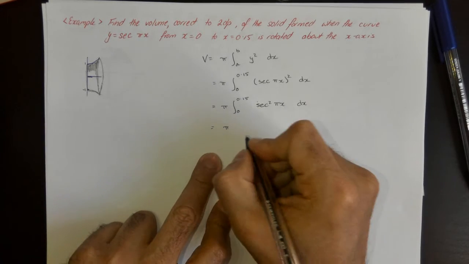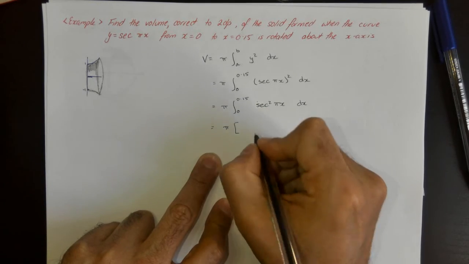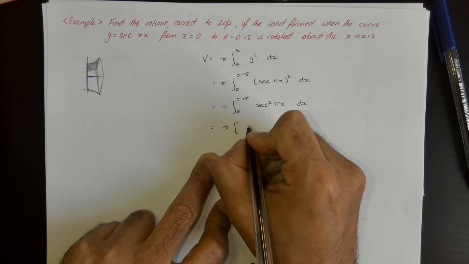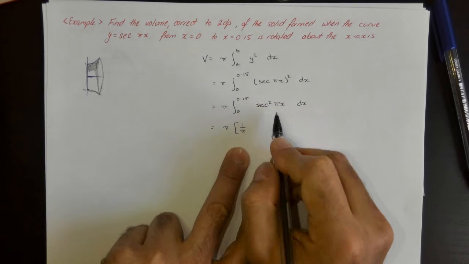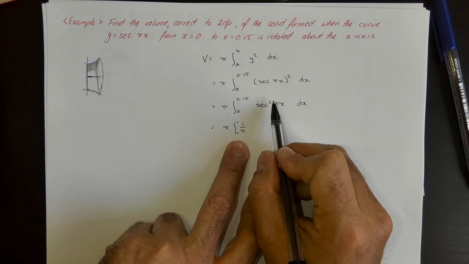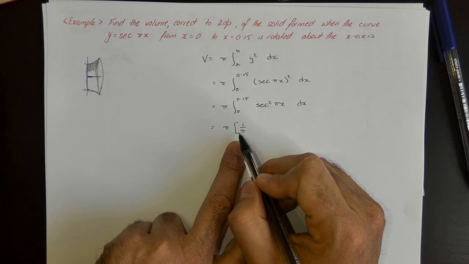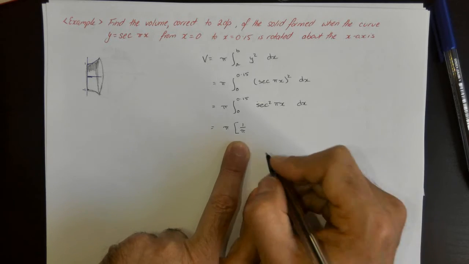Integrating sec squared, we get tan x. We've got to take out a pi because that's a number. That's like 3x, so we take out the reciprocal of it.